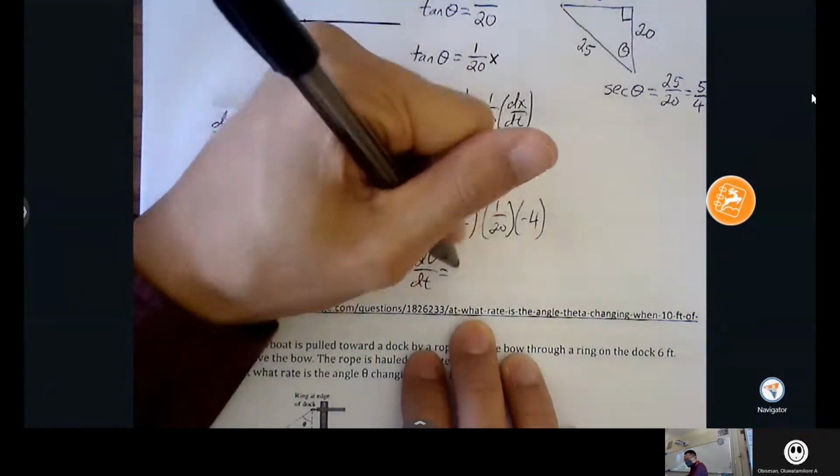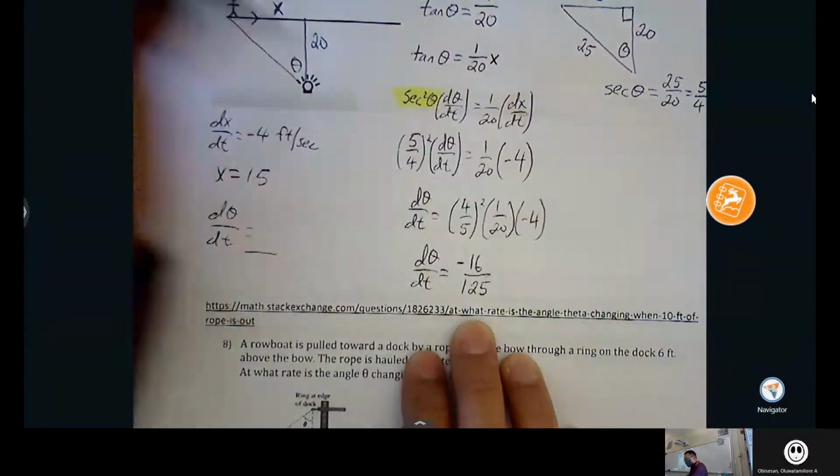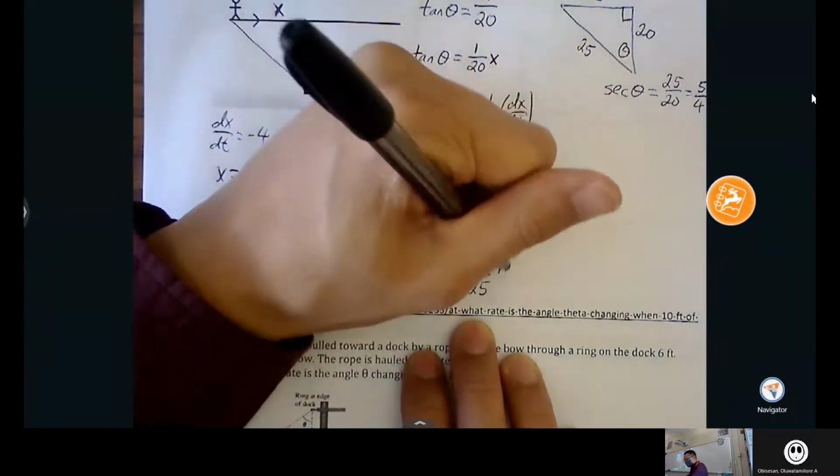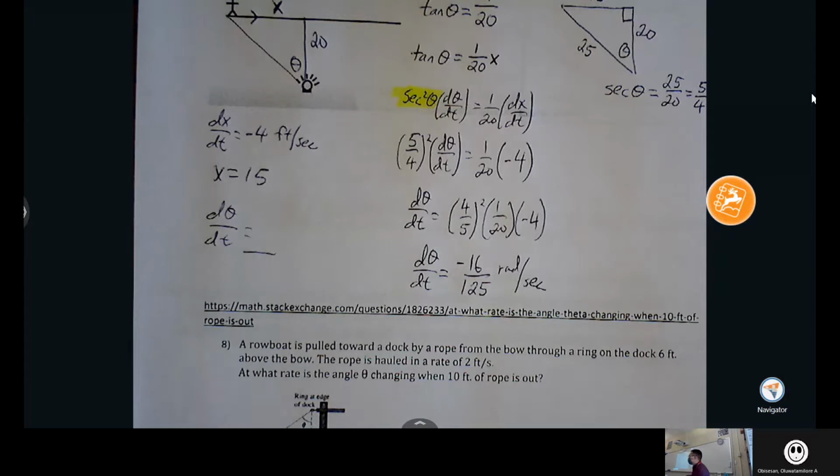And the rest you just go in your calculator here. Good?